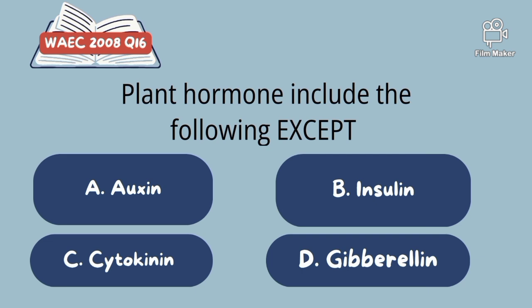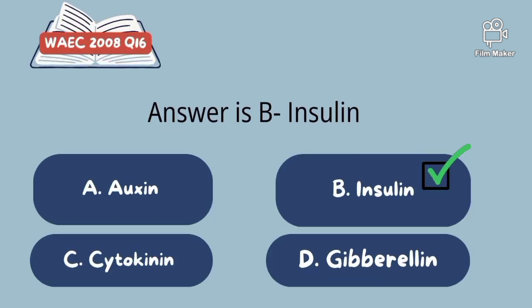The correct option is option B, insulin. Insulin is not a plant hormone, rather it is an animal hormone produced in the pancreas, and it regulates blood sugar. Other options including auxin, cytokinin, and gibberellin are growth promoters in plants.